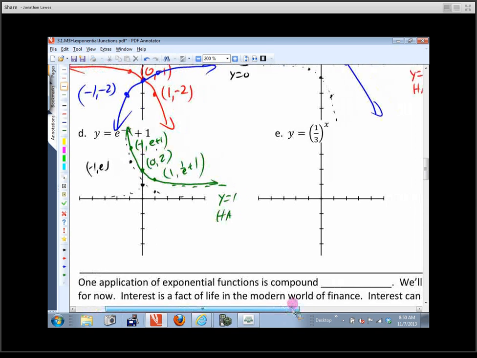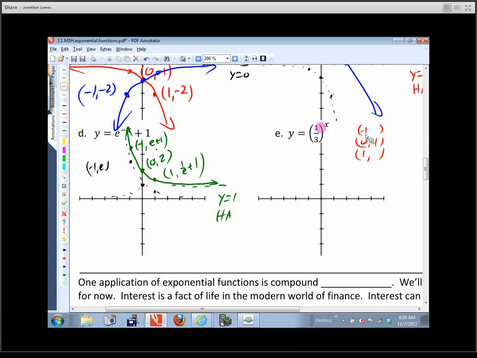Okay, let's do this last one and then we'll be done. What's the base of this exponential? 1/3, right? Have I transformed this in any way? Do I have any flips? Have I slid it left, right, up, down, or anything like that? Nope. So the 3 points that it's going to go through are -1, 0, and 1. That's a 1. What does the negative mean again?